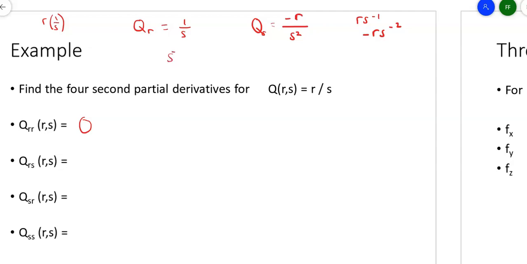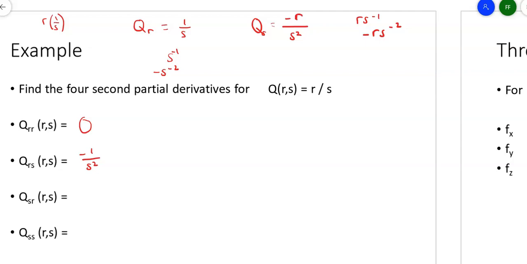All right, take that same expression and derive it with respect to S. Well, if this is the same thing as S to the negative first, and I derive it, I'll get negative s to the negative second. So this second derivative is negative 1 over s squared. All right, take the second expression, the negative r over s squared, and derive that with respect to r.